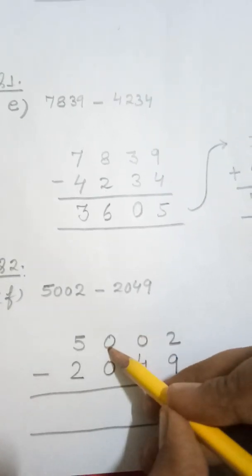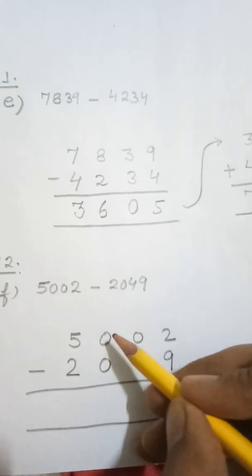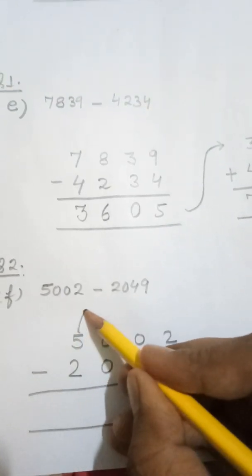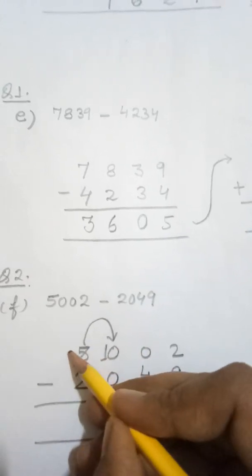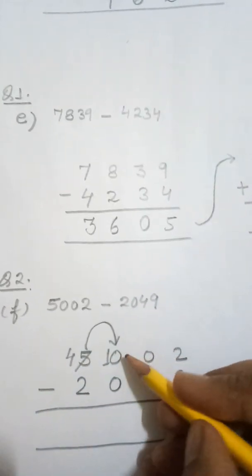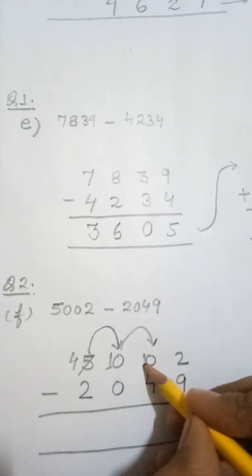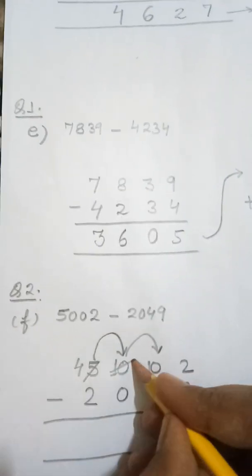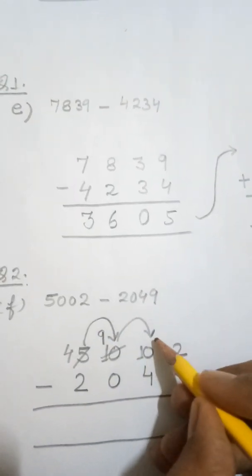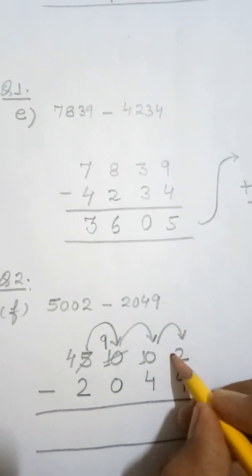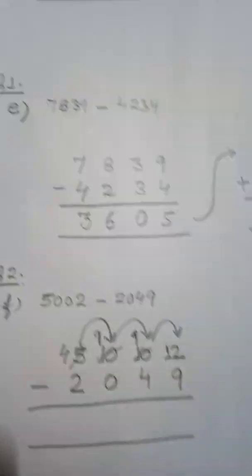This 0 will come to this 0, again it will not be able to give anything, so this 0 will ask 1/10 from 5 and it will become 10, and this 5 will become 4. Now this 10 will give 1/10 to this 0, so it will become 9, and this 10 will give 1/10 to 2. Now it is 12 and this is 9.